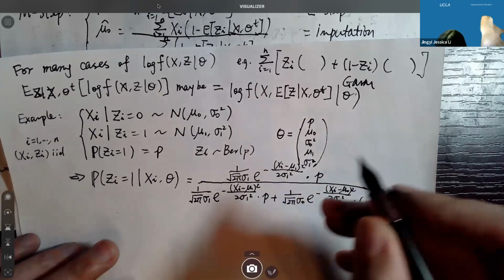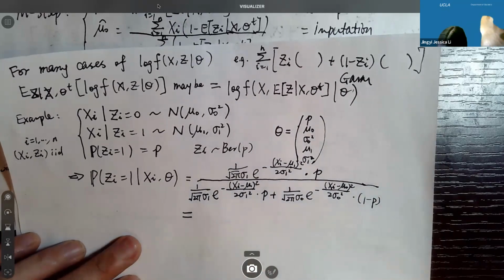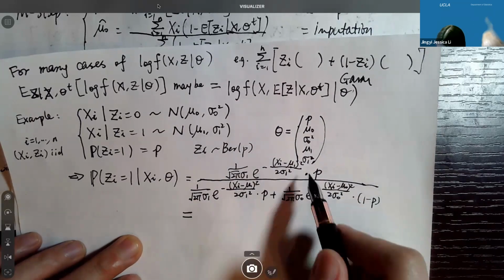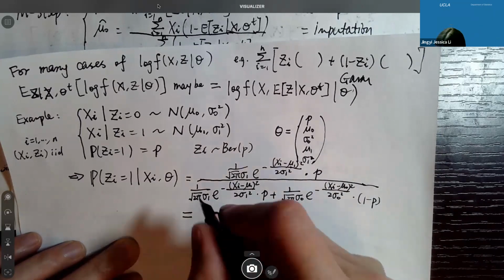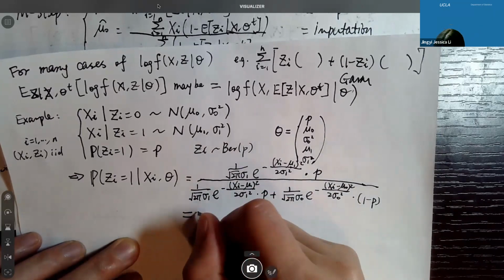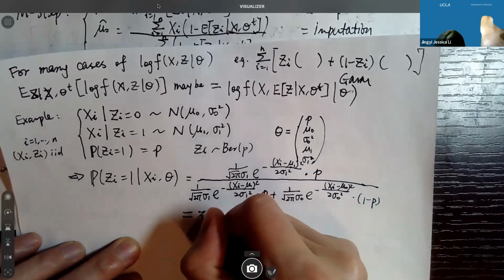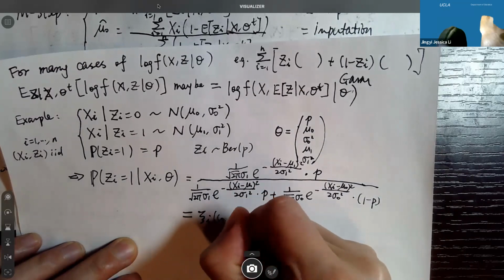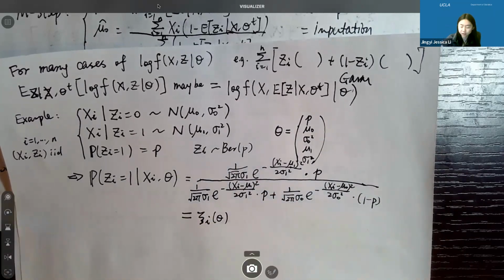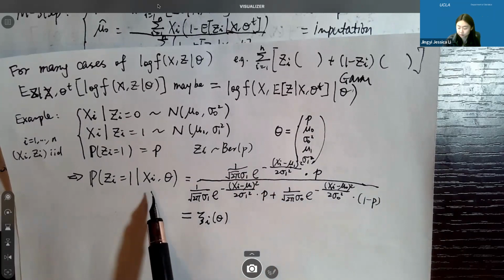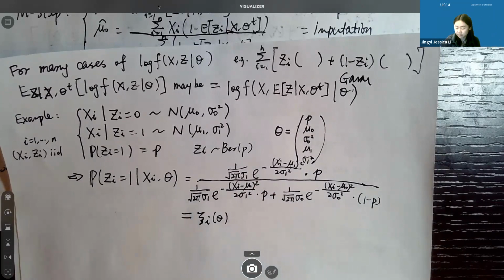I would denote this complicated formula just by, since it depends on both Xi and theta, eta I, a function of theta, because whenever I change theta, this will change. And eta I, the sub-index I, means that I'm talking about the ith observation. Here, Xi is the same Xi, regardless of theta. Okay, I had this notation.